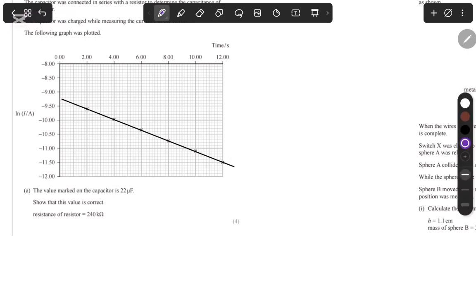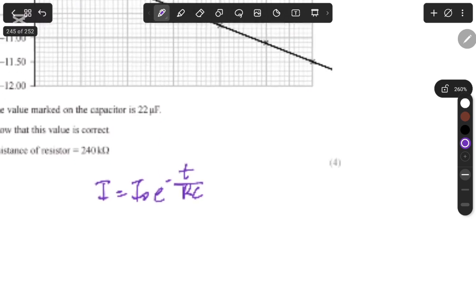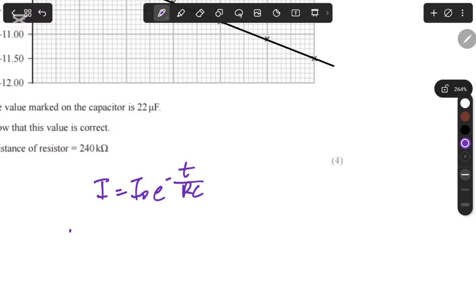Now let's try to understand what the gradient of this graph means and what the y-intercept of this graph means. So the equation that we're going to be using here would be I equals I naught e to the minus t over RC, where RC is the time constant. So I'm going to take ln on both sides.